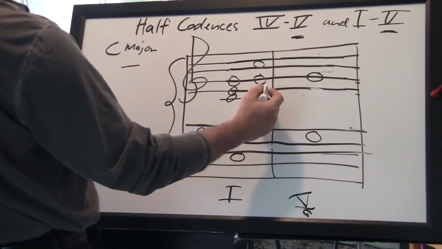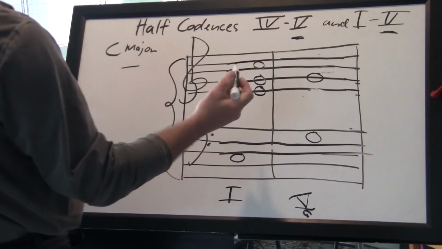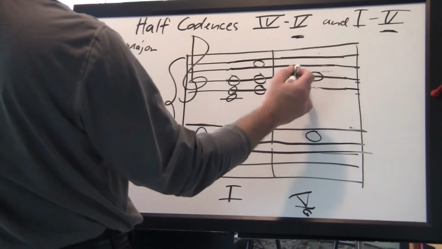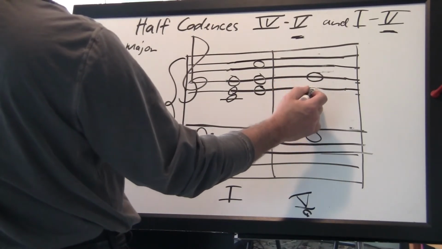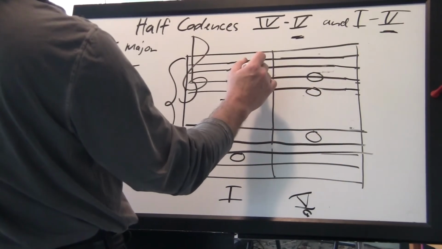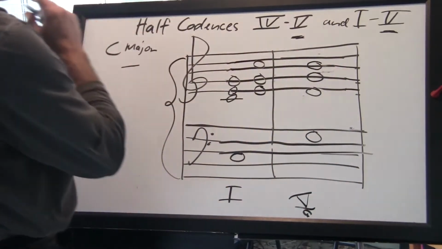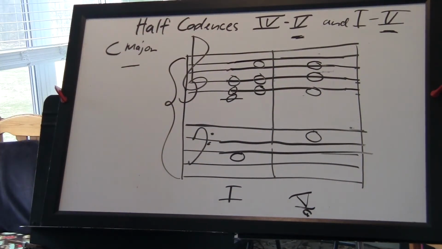Where are we going to go? How do we make this into something more similar? Probably the simplest way is to go E to D, right? And C to B.